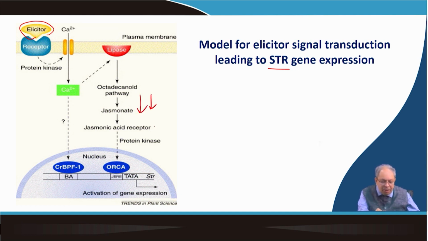Then that will be perceived by the jasmonic acid receptor, followed by protein kinase activity, ultimately leading to the formation of different transcription factors, including ORCA3, octadecanoid-responsive Catharanthus AP2-domain protein 3. It could be anything. So, that is the specific transcription factor for upregulating strictosidine synthase gene expression.